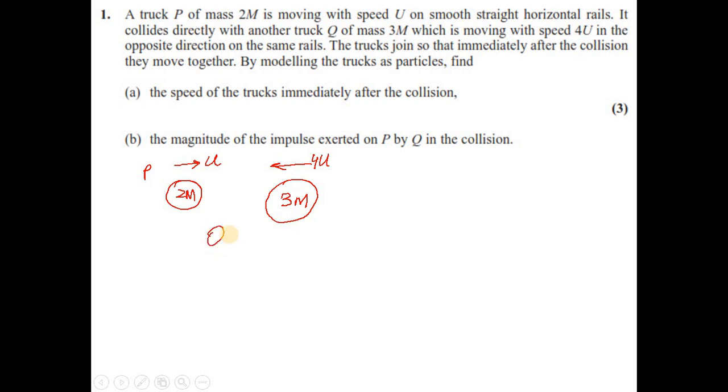Now both the particles collide, and after colliding they join, and after joining they move together. Clearly particle Q is heavier than particle P, also it has greater velocity. So after collision it is clear that both the particles, when they join, will be moving together leftward with some velocity v.